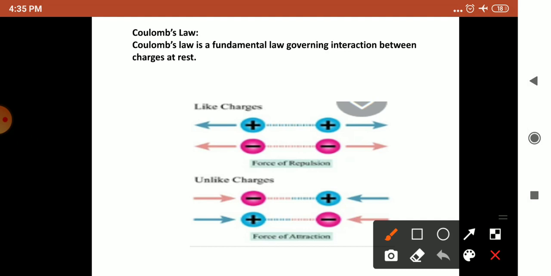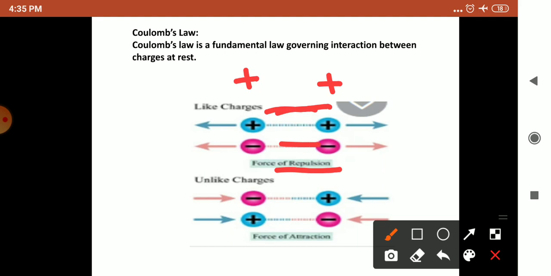So the force between two charges interacting with each other: if they are the same charges, that is positive, then they will give a force of repulsion.